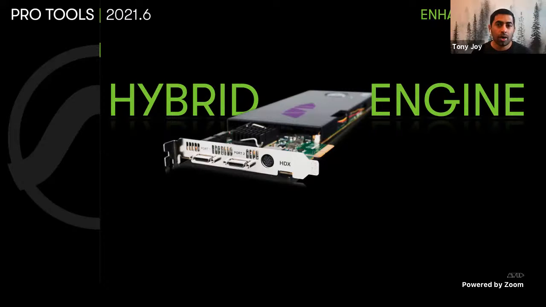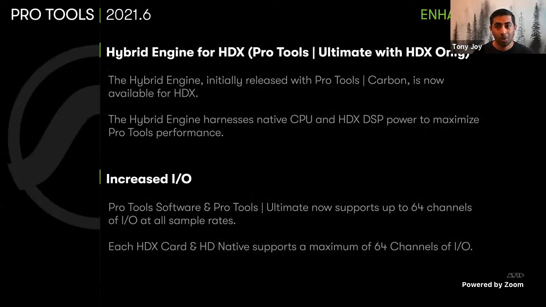And for those of you who are already HDX customers, you invested in us so long ago, and we are investing back in you, into the product. We are now bringing all the good features of hybrid engine that came with Carbon to HDX cards, at no additional cost. What does this mean? It's huge, actually. Now with hybrid engine, you get the best of both worlds.